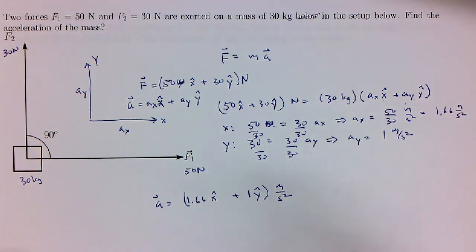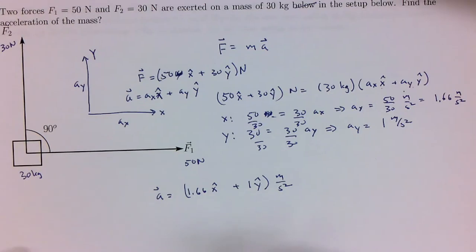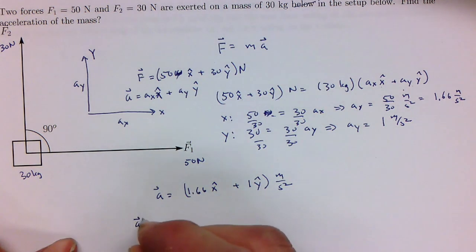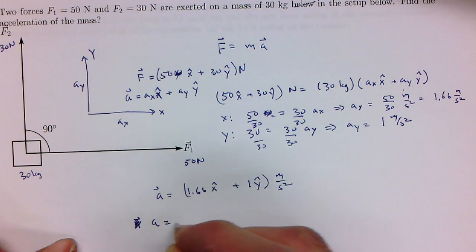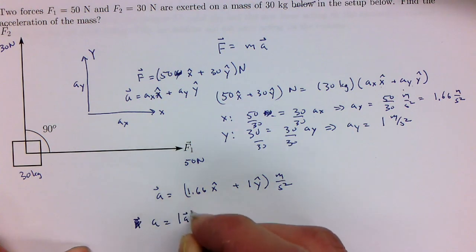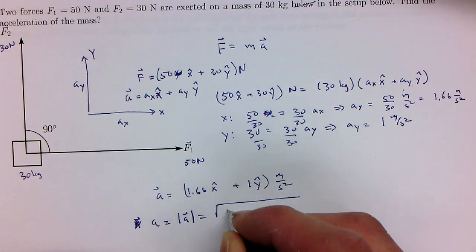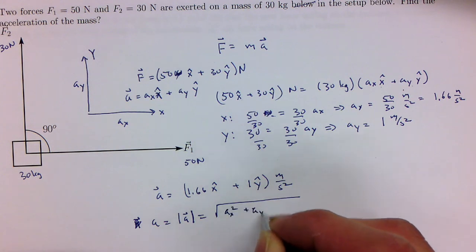Now, a lot of times you may also be asked to compute the magnitude of the acceleration. In that case, the magnitude, little a, is equal to the magnitude of the vector a, which is basically the square root of ax squared plus ay squared.